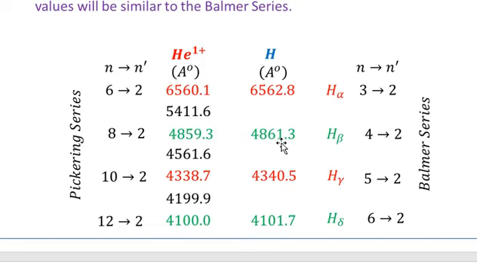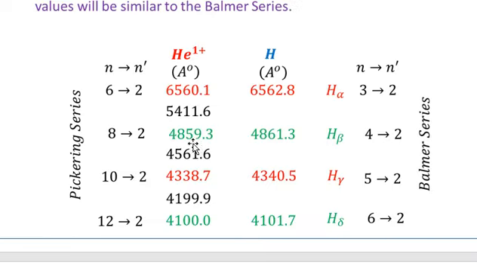The other value that we can compare is the green wavelength under the Pickering transition from 8 to 2, giving you a wavelength of 4859.3, whereas the wavelength that is obtained from the Balmer series of the hydrogen atom under the transition from 4 to 2 is 4861.3.